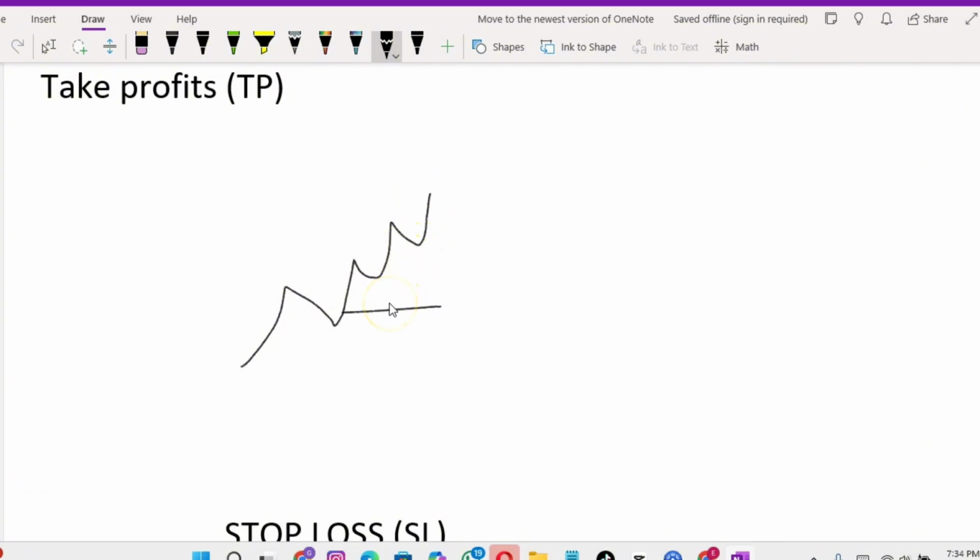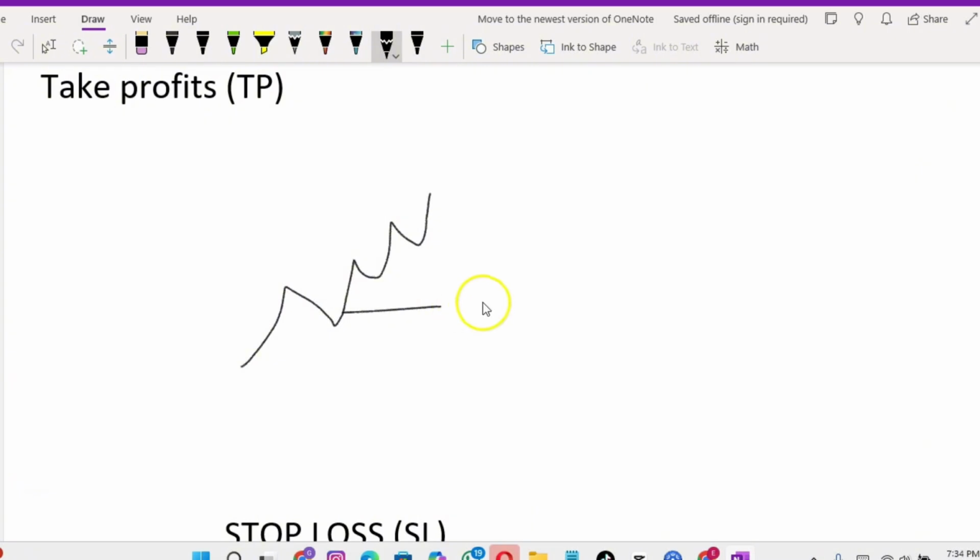Now, how do you close this trade? There are various ways to close this trade. It's either you close it manually with your hands, or you set a take profit level or a take profit price, where if the market should reach that price, the trade is going to close automatically, whether you are there or not.